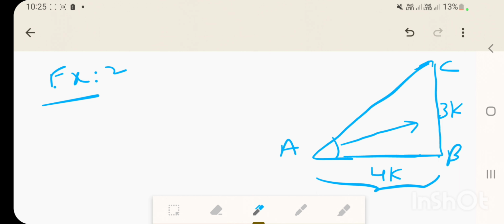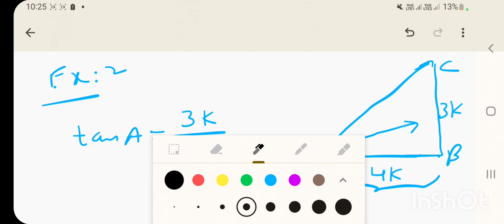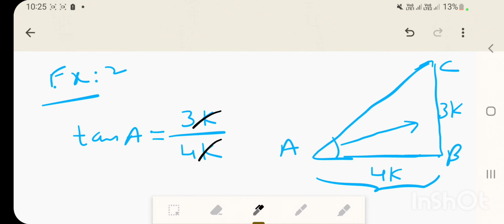This is given. Now tan A is the ratio of the opposite side, 3K, divided by the adjacent side, 4K. We can cancel the constant K from numerator and denominator, and we get 3 by 4. So tan A is 3 by 4.